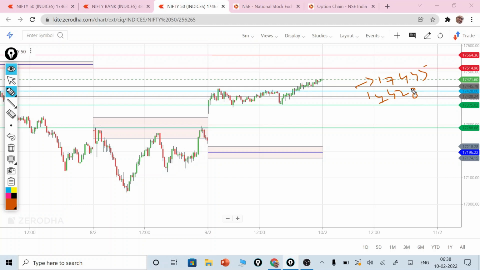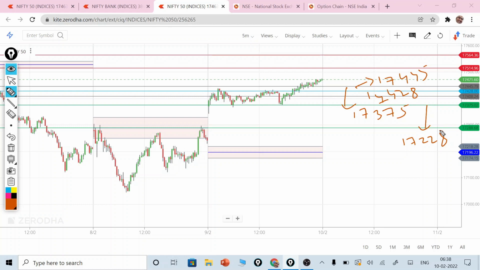If it does not sustain, then there is a chance that the market may fall to 17,375 levels. Today markets are volatile, so the range for the market is from 17,600 to 17,375. And if 17,375 collapses, then we can have another support at around 17,228.